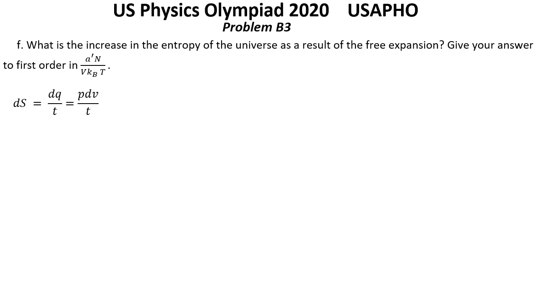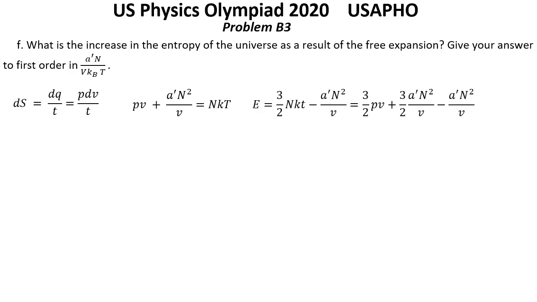Recall that from previously we have this expression. If the energy of the system is E, we have this expression which is simplified to this. And from here we can express P and T as functions of V.